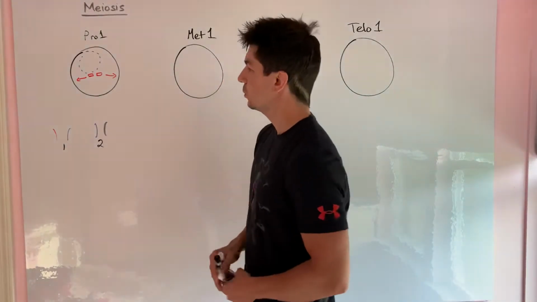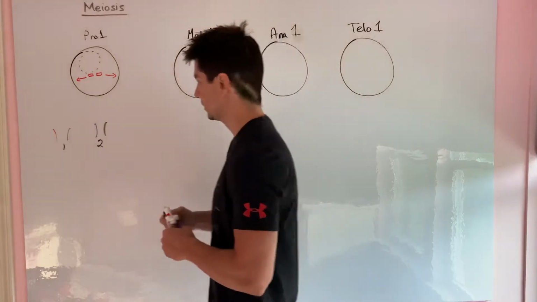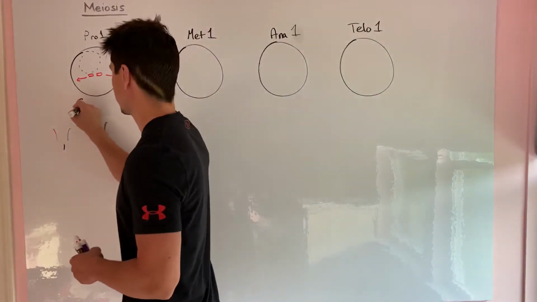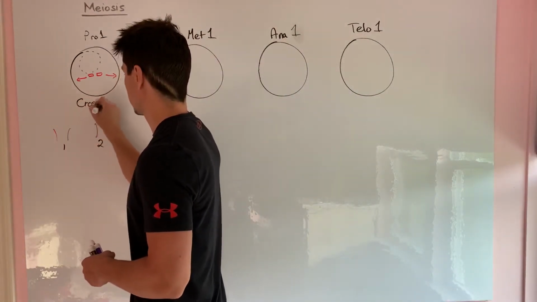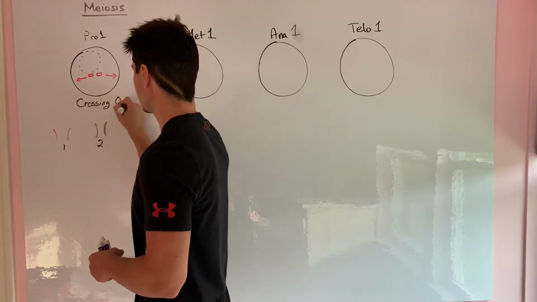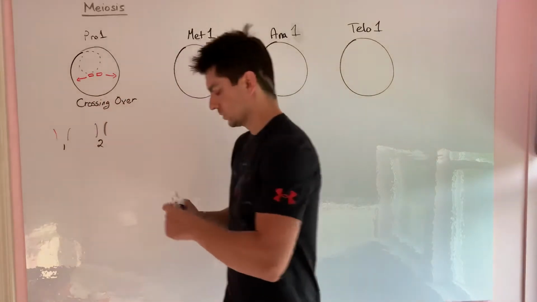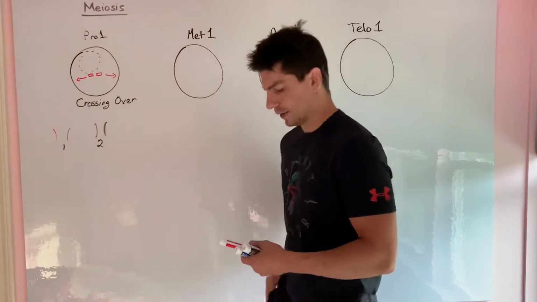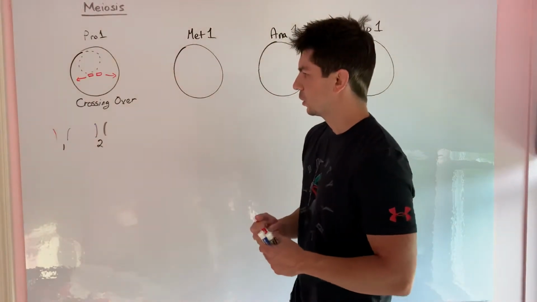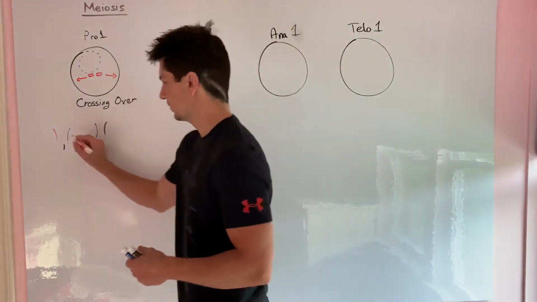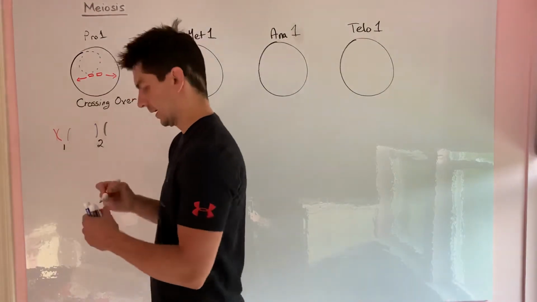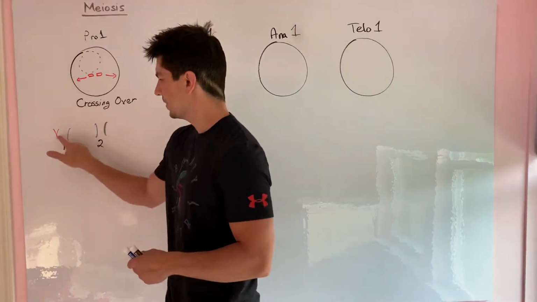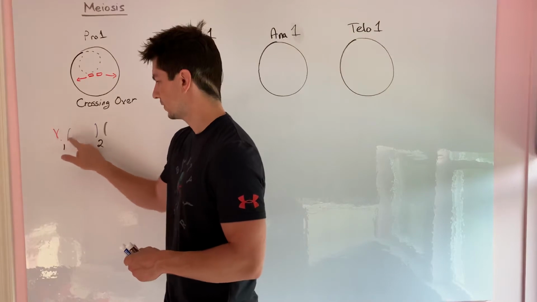So there is a huge step in prophase 1, and this is called crossing over. Here's what happens. These chromosomes are already duplicated, if you remember, duplicated like that, but we're also going to have pieces of this one break off.